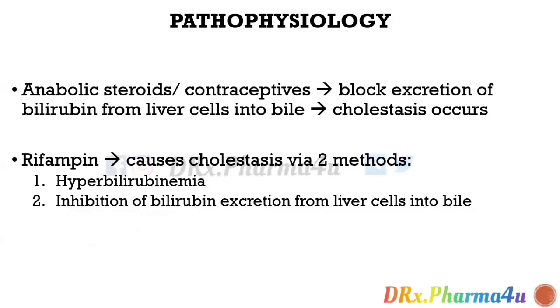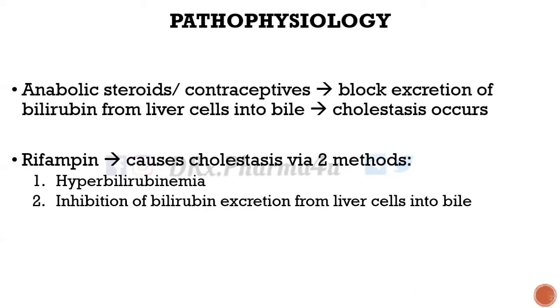Now, if we come to the mechanism, anabolic steroids or contraceptives, they actually block the excretion of bilirubin from liver cells into the bile. So what happens is, liver cells actually process the bilirubin, and that is excreted into bile, and then the process continues. So steroids and contraceptives, and to some extent rifampin also, they block the excretion of bilirubin from the hepatocytes, that is liver cells, into bile, which can cause cholestasis.